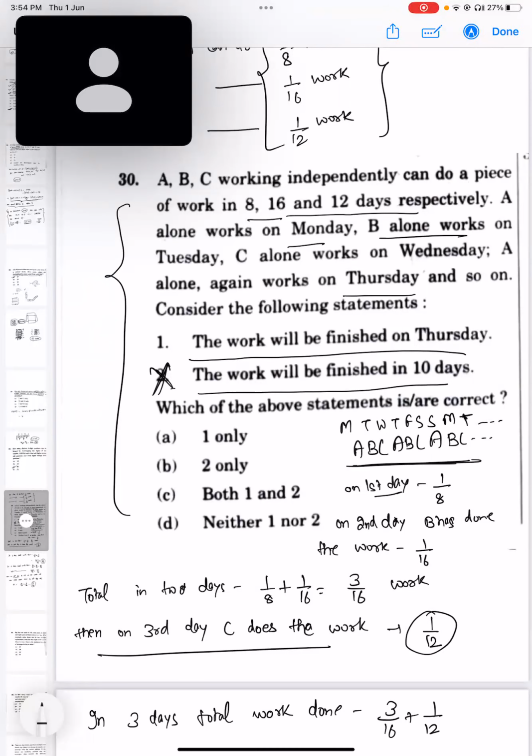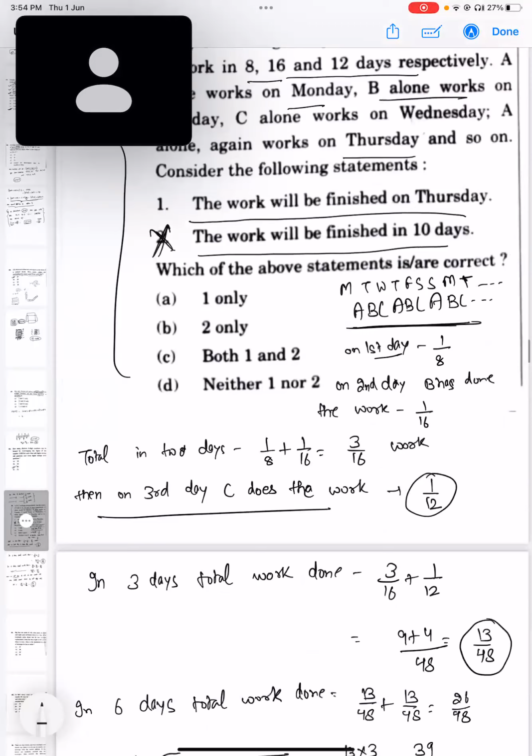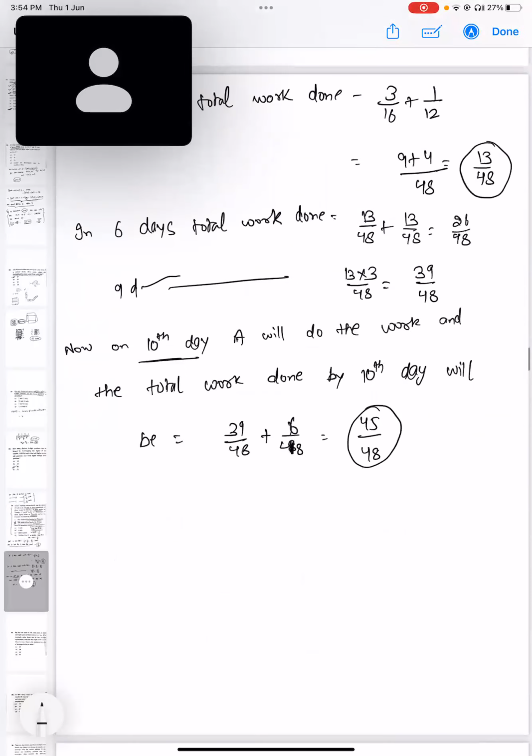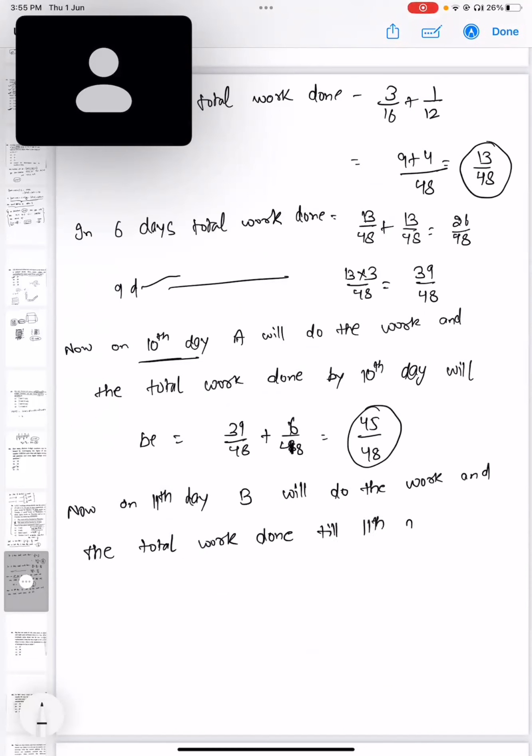Now on the 11th day, B will do the work, and the total work done till the 11th day will be 45 upon 48, and B does 1 upon 16 work in one day, nothing but 3 upon 48 work.